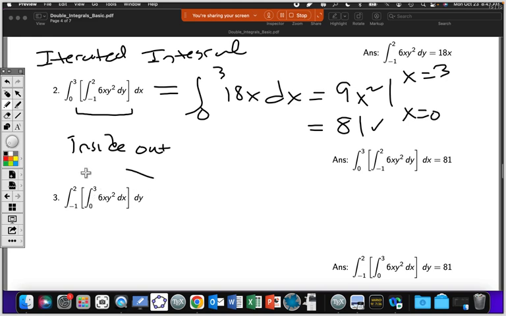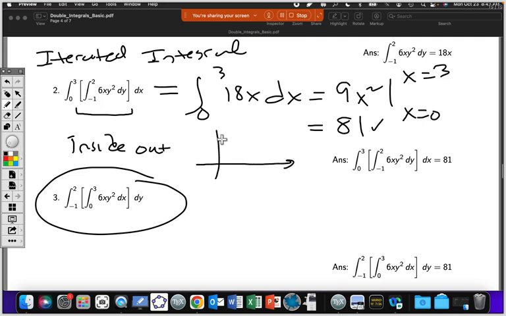So let's see what happens if we go the other way. If I think about what's happening in this integral here, I'm integrating the y from -1 to 2.